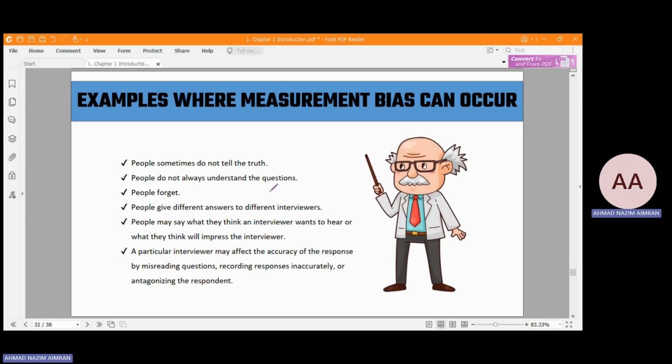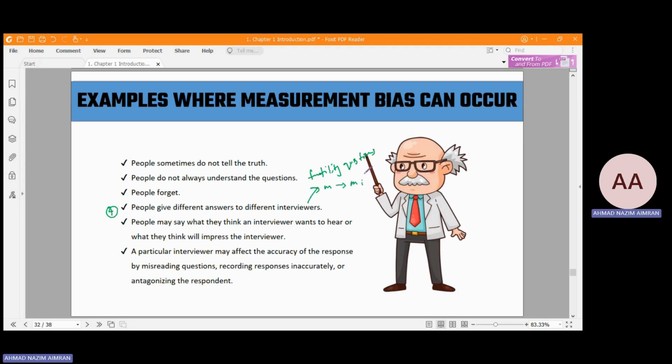And the next one is people give different answers to different interviewers. Again, this depends on the comfortability of the respondents. For example, for certain questions like fertility questions, the male respondents may give different answers to the male interviewer.